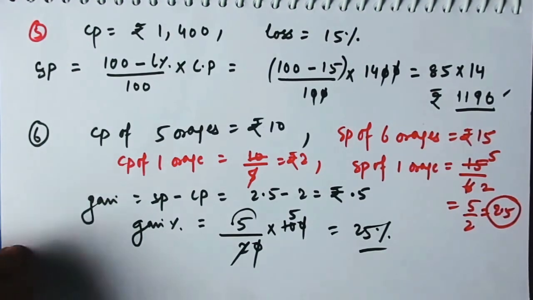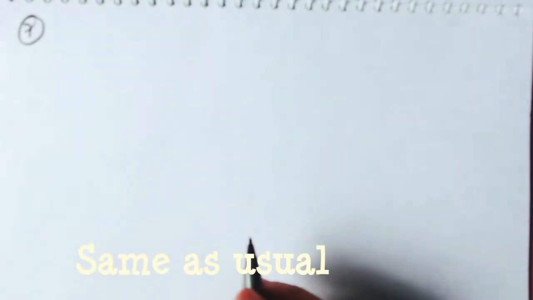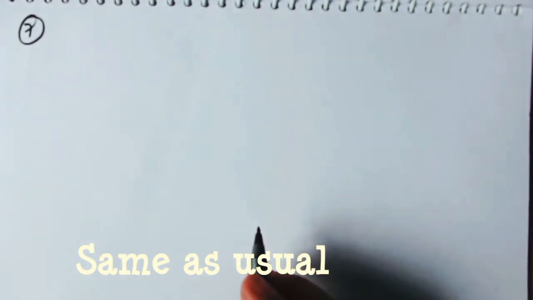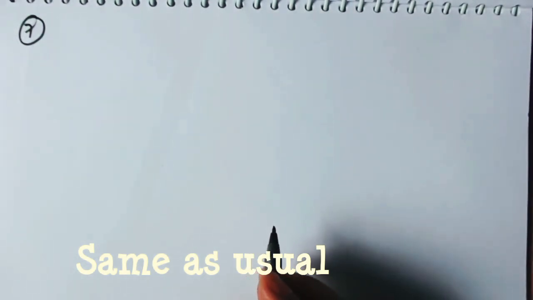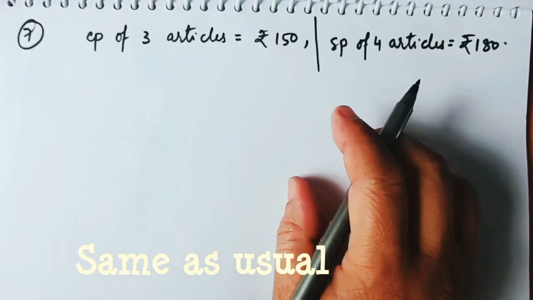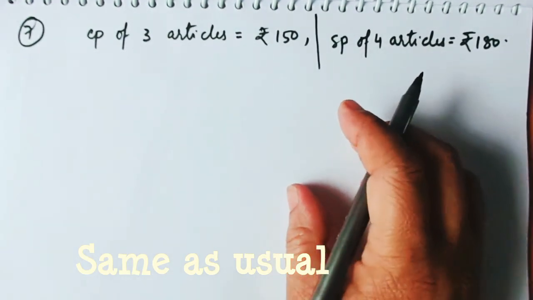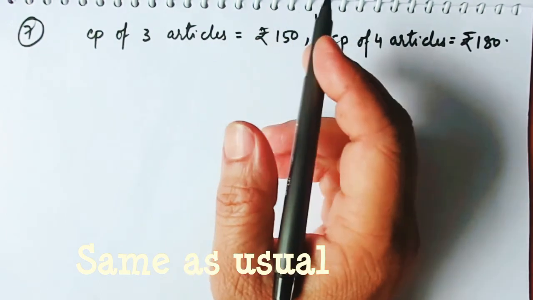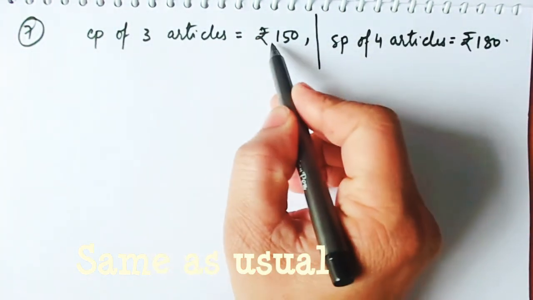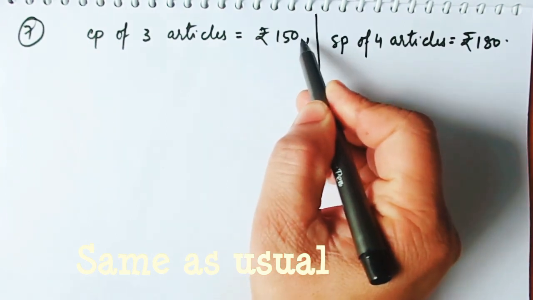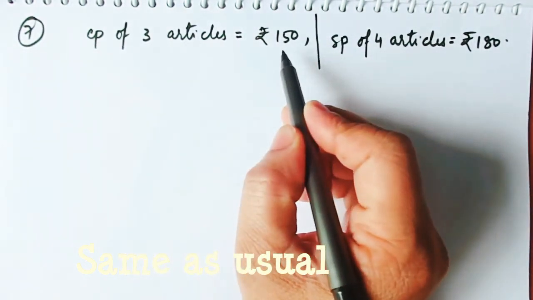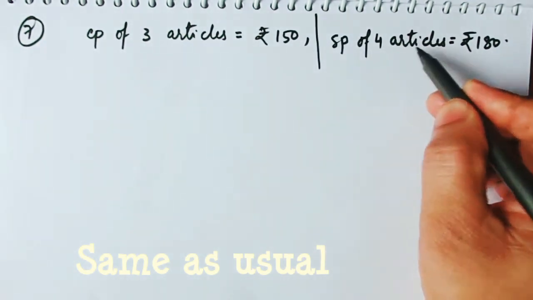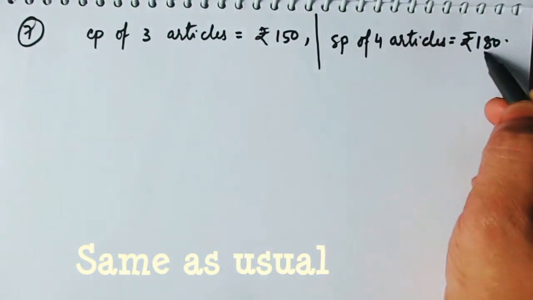Should we do number 8 or number 7? Number 7 is also of the same type, but still we shall do it. In number 7, a certain number of articles were bought, bought 3 for rupees 150, and the selling price of 4 articles was rupees 180.